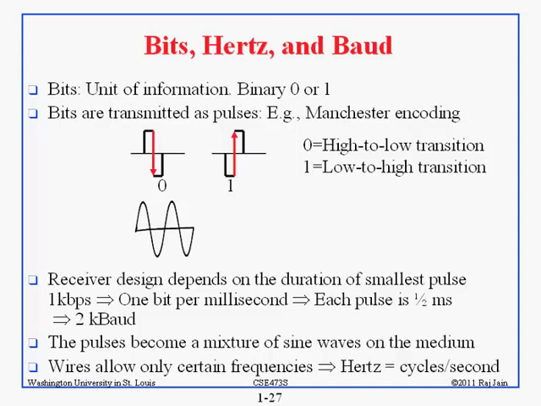And for 1, I will do minus 5 first and then plus 5 later. That is a 1. And that's actually a transition coding which is used in many places. Where a 0 is a transition down, a 1 is a transition up. So we just look at what is happening in the middle. If we see that the voltage is going up, that is a 1, the voltage is going down, it's a 0.